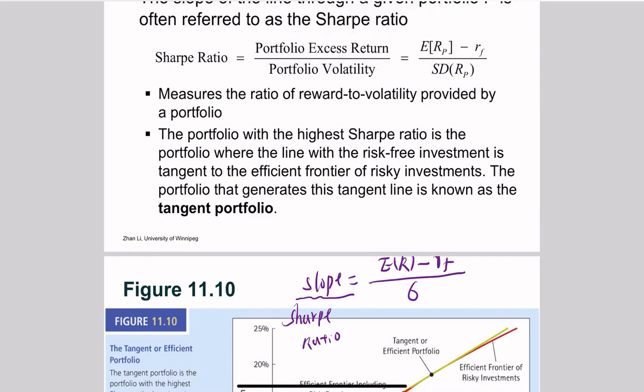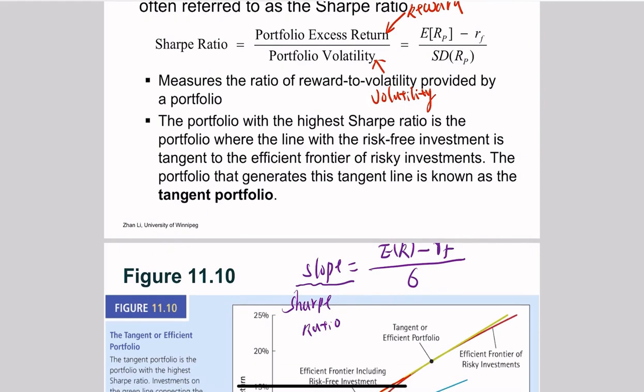So basically, this is reward, and of course this is volatility. This tells you that if Sharpe ratio is higher, then you're getting higher reward from bearing volatility. Higher reward, of course, is a good thing. So that's why higher Sharpe ratio is preferred.